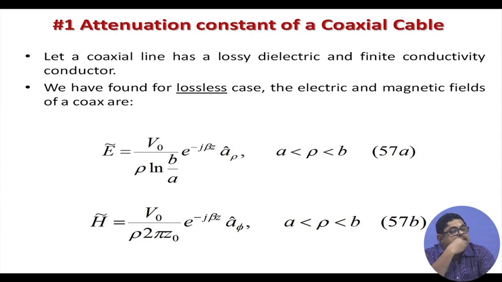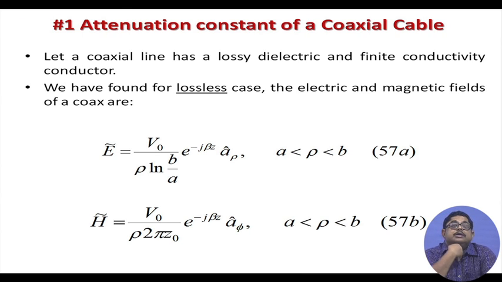That means both the central conductor and the outer conductor are not ideal, their metal has finite conductivity. Also, let us assume that between them there is a lossy dielectric, that means not air, which is not lossy, but some other dielectric. So, how to tackle this problem?